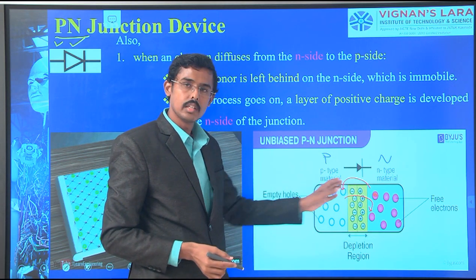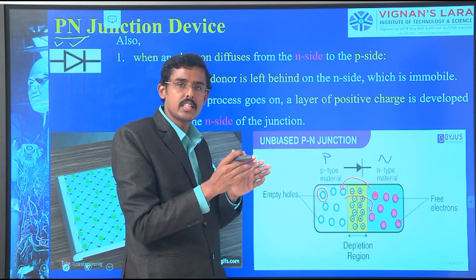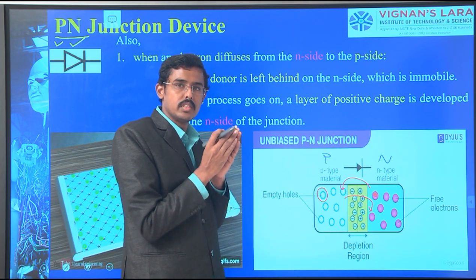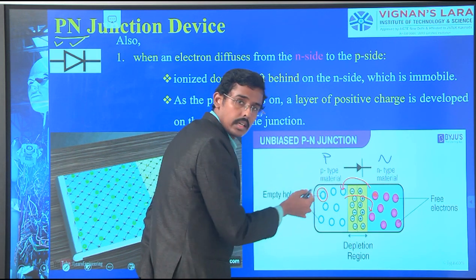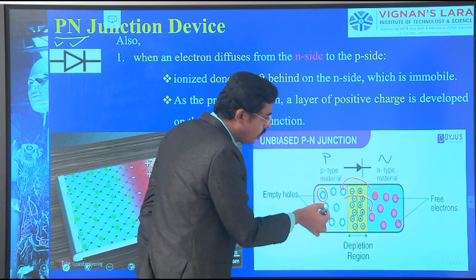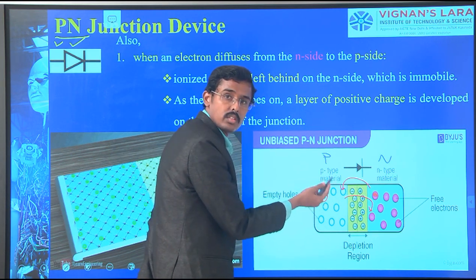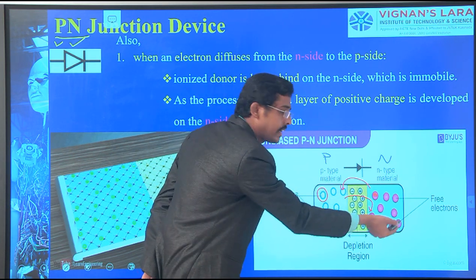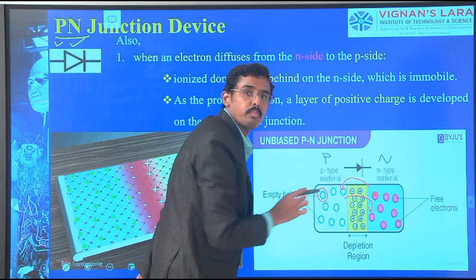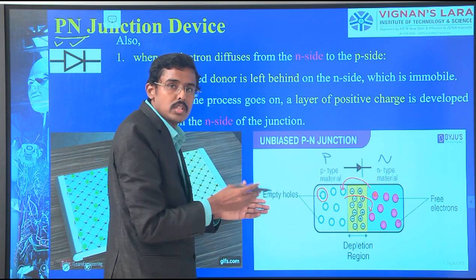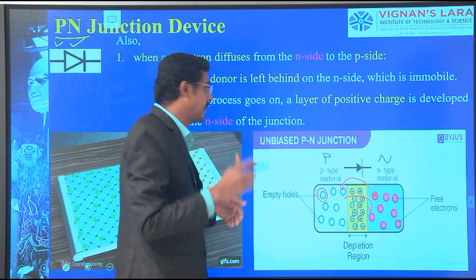Here you see this P-type is holes, but the boundary has the negative charges. Similarly, this is completely N-type, but the boundary has the positive charges. That happens due to the connection between P-type and N-type.